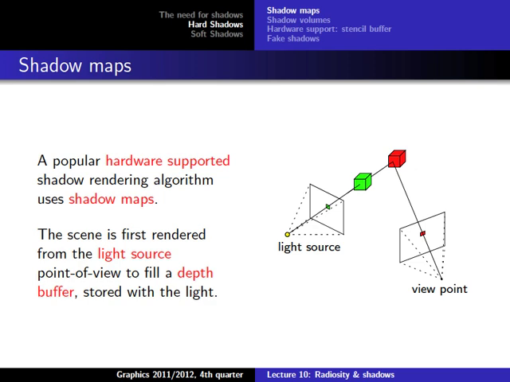And this approach is called shadow maps, which are very popular because they are hardware supported, which also means they are usually relatively fast. And the idea is that we create a shadow map, that's where the name comes from, by placing a camera at the light source and then using a depth buffer from the light source to calculate the shadow conditions.